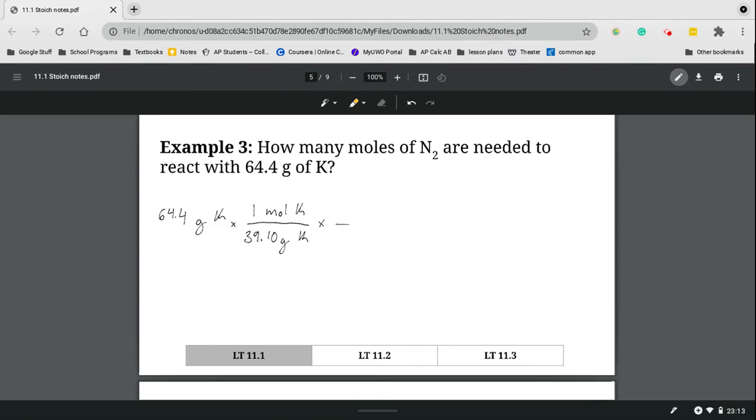And now we do that same for every 6 moles. Okay, there's 1 mole of N2. And now, when everything cancels out, we are in the correct unit. So that multiplied out is going to be 0.275 moles of N2.